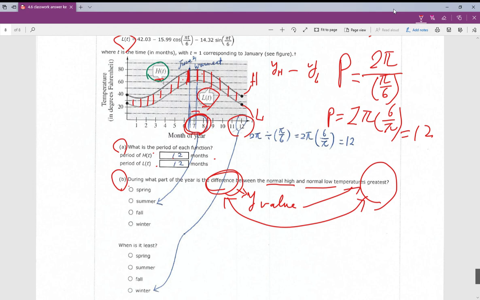I'm not sure. So probably this is summer. Anyway, this is summer. Okay. What is the least? The smallest gap here. I'm sure this is winter. Okay. Sorry about the summer, the definition for summer, spring. So anyway, you find out by yourself.